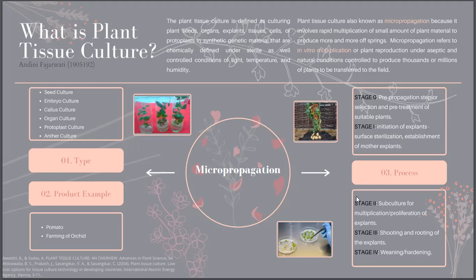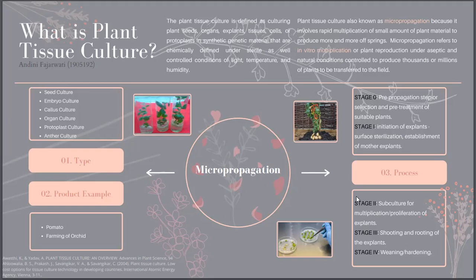So after stage 1, after it is already sterilized, it will be placed in the culture medium, and then the next stage is shooting and rooting of the explant. So the explant will grow its roots and other parts of the plant.